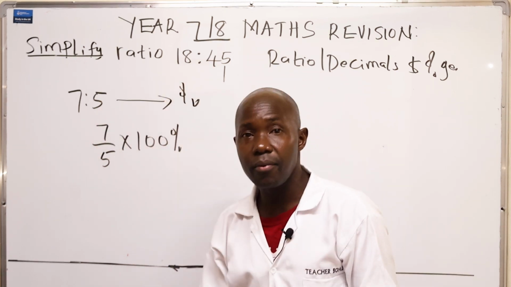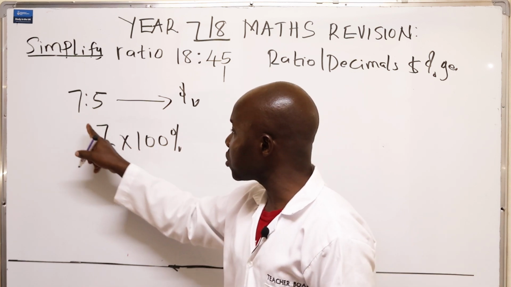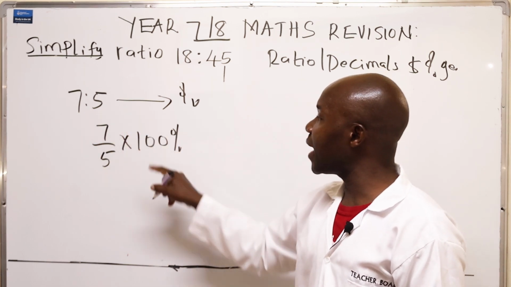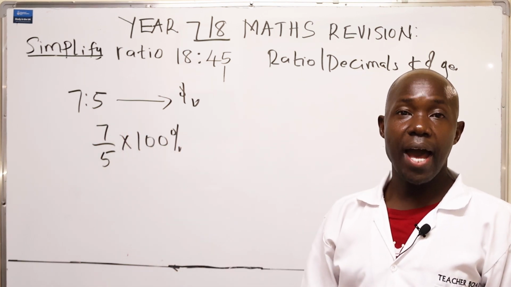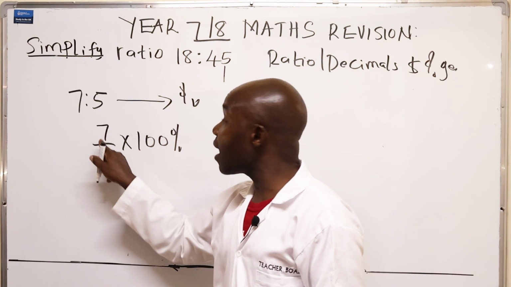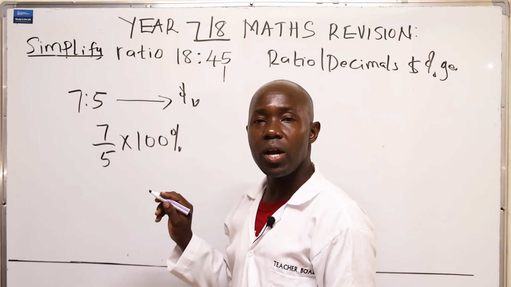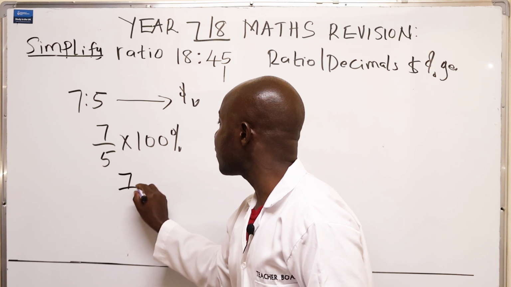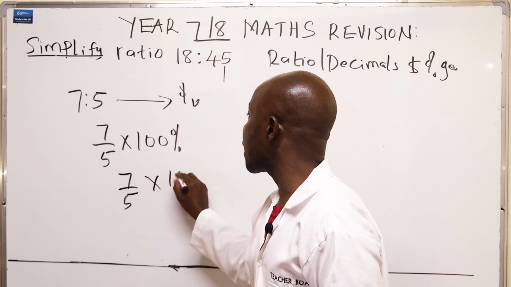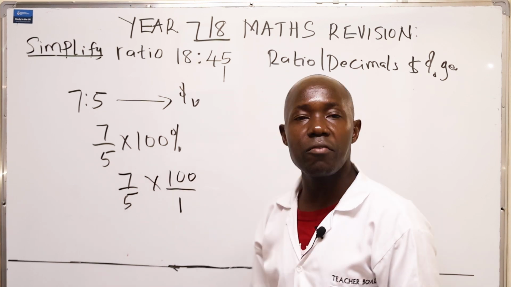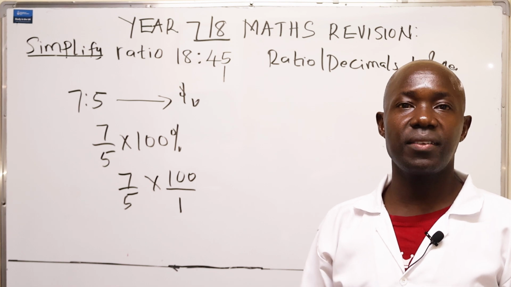And here I explain, changing a ratio into a percentage. It is simply simple. Take the first part of the ratio, put over the next part, then multiply by 100%. And in many cases, here we have a fraction, and here we have a whole number. So take 7 out of 5, multiply by 100, then you put the 100 over 1. That is the best way always to handle it.